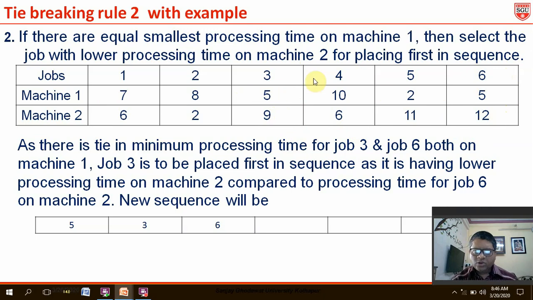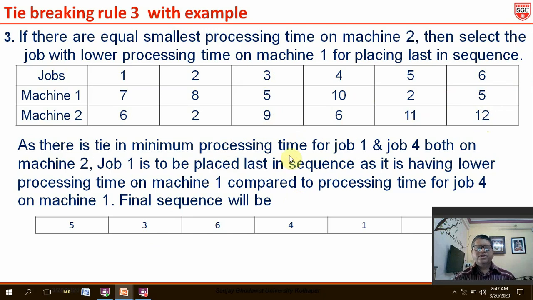Though the processing time is the same for the first operation, it is different for the second operation, and we select the job with the lower processing time on the second operation to be sequenced first. So the tie is broken by looking at the lower processing time, and hence job 3 is sequenced first, and next job 6.